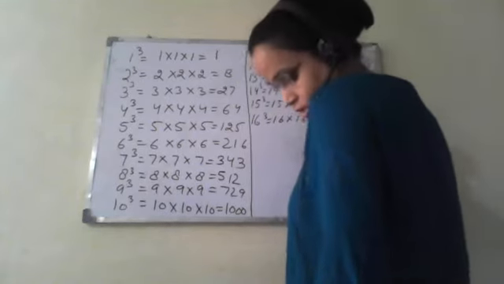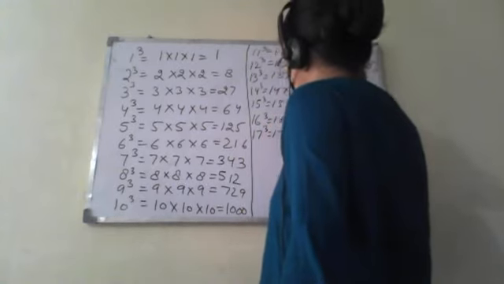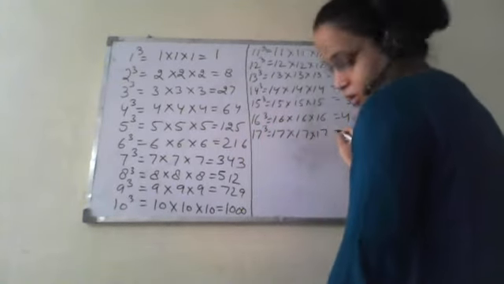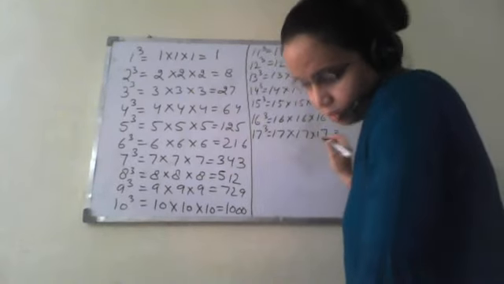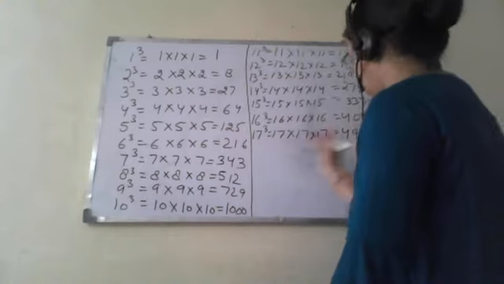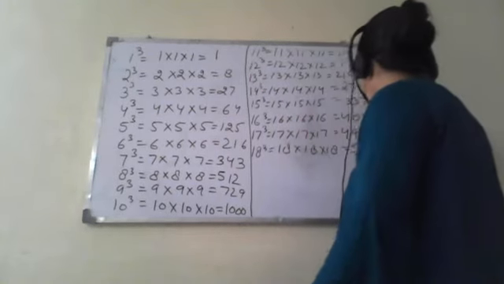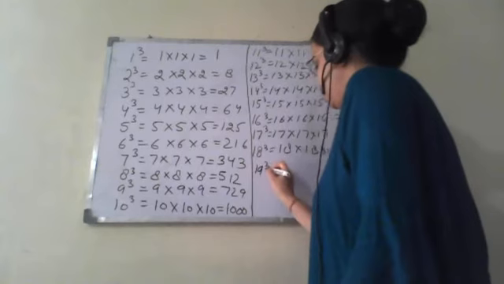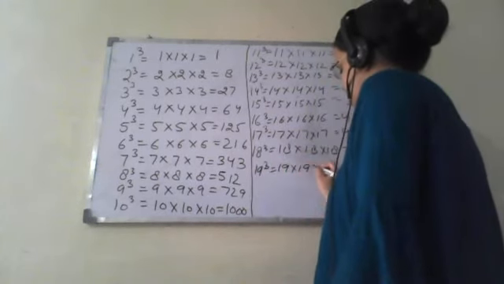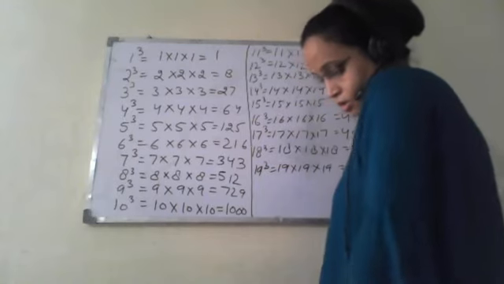16 cube will be 16 into 16 into 16, it comes out to be 4096. 17 cube will be 17 into 17 into 17, this is your 4913. 18 cube will be 18 into 18 into 18, that is your 5832. 19 cube will be 19 into 19 into 19, this will be your 6859.